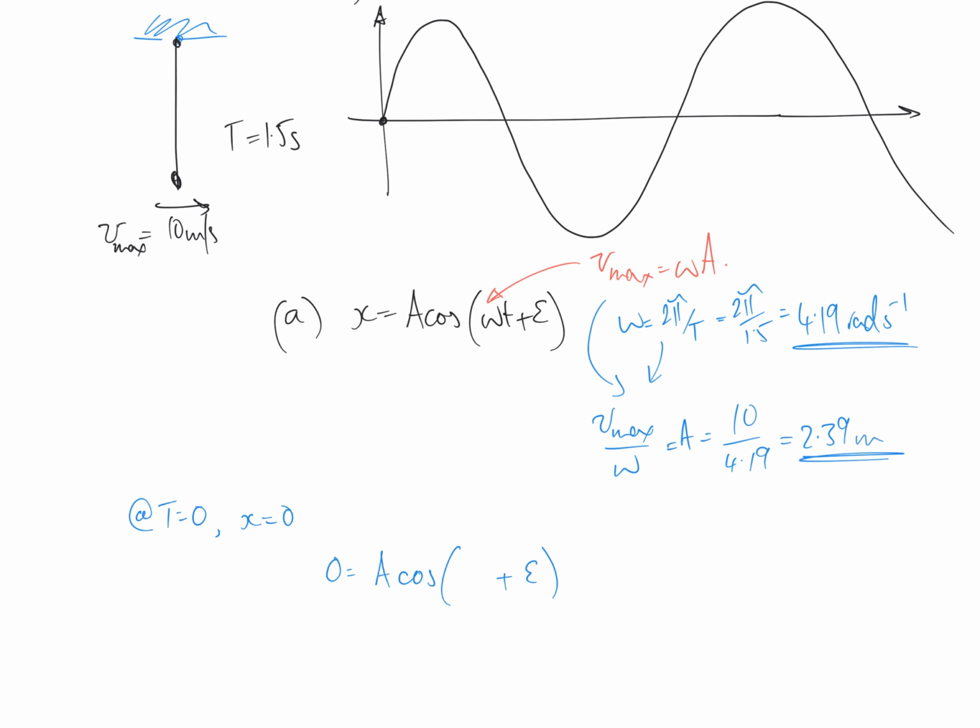We've got 4.19 t plus eta. Now, when does cos of a function equal 0? Well, cos of theta equals 0 when theta equals pi over 2 or 3 pi over 2.